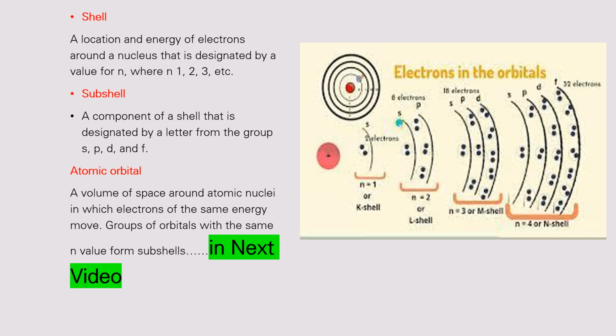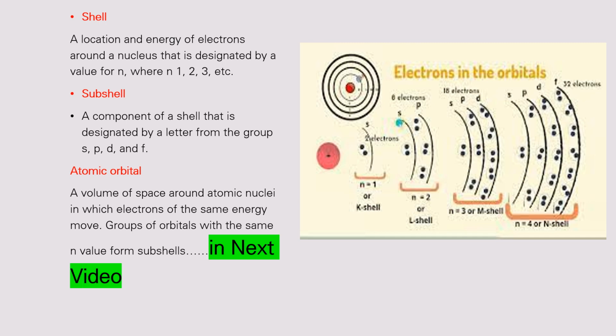This designation was given by the researchers at that time. Basically, the level very next to the nucleus is n equals 1. Next to that, n equals 2, n equals 3, and n equals 4. The letters move in that manner: K, L, M, N, and so on.